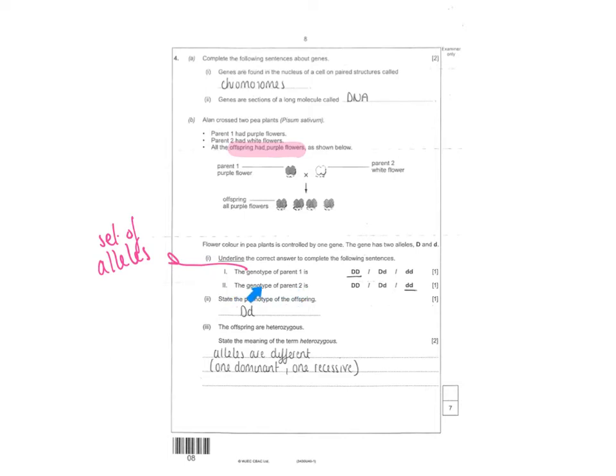The genotype for parent two, they will have white flowers, so white is recessive, so they have to be little d, little d. And the phenotype of the offspring, they would be heterozygous, because if I drew the Punnett square, all of the offspring would be the same, and they'd all be heterozygous, and they'd all be purple, because they all have one dominant allele.